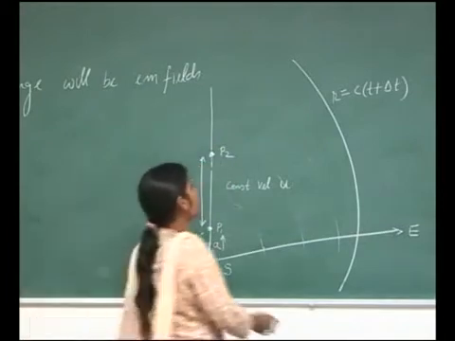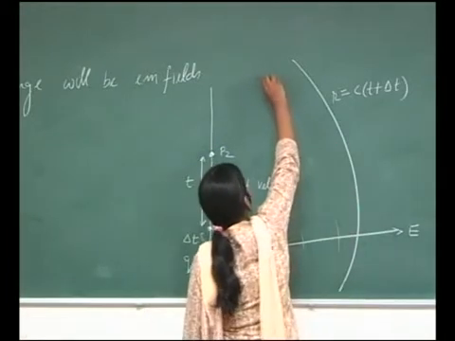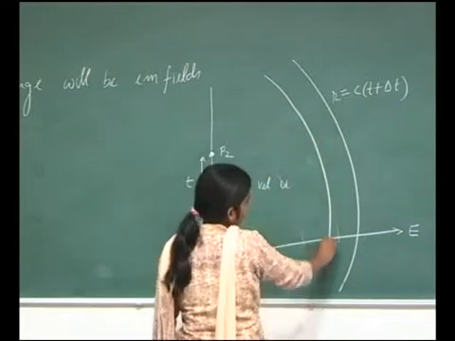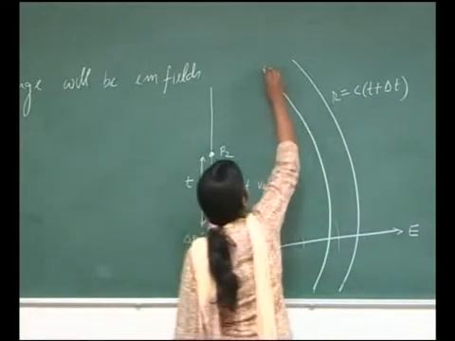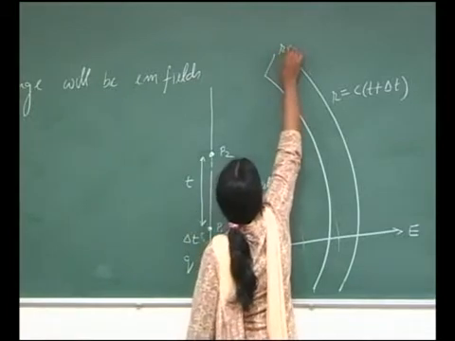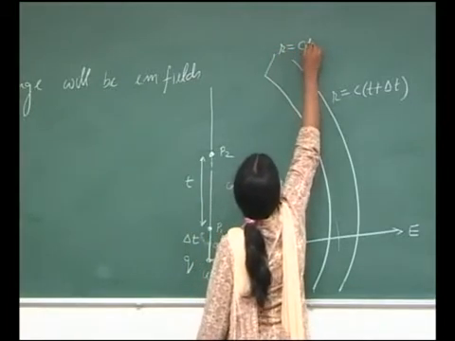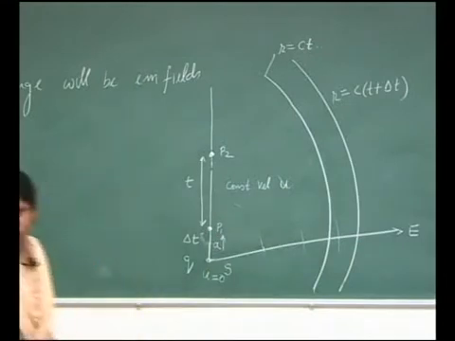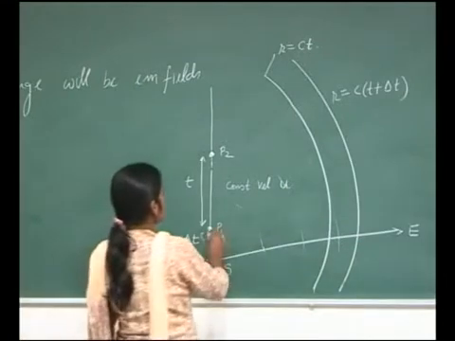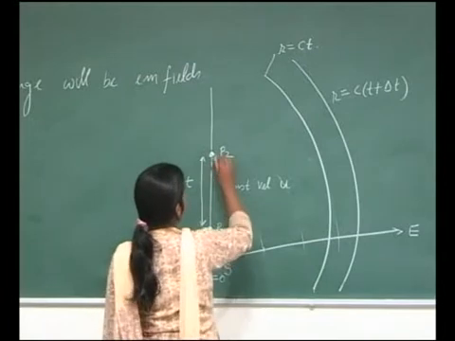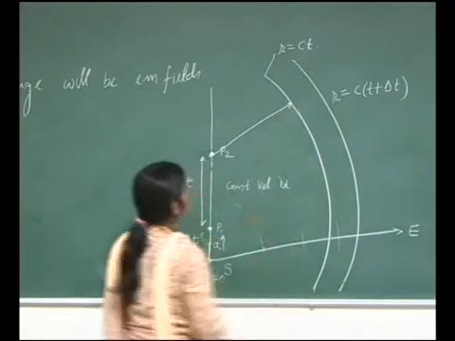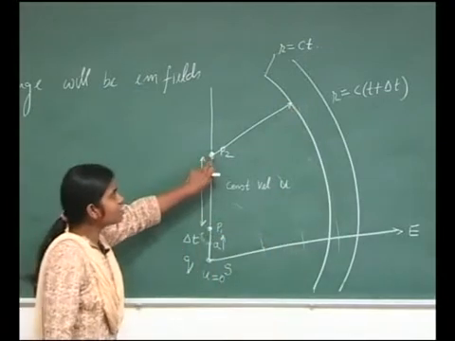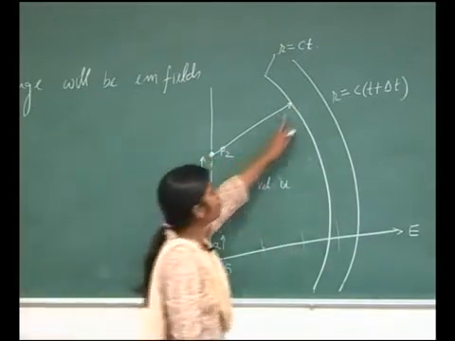So, I can draw another circle which has got radius r is equal to c into t. Now, if I take some point, say here at point P2, because I am observing at this point, from this circle also the field would be going outwards.